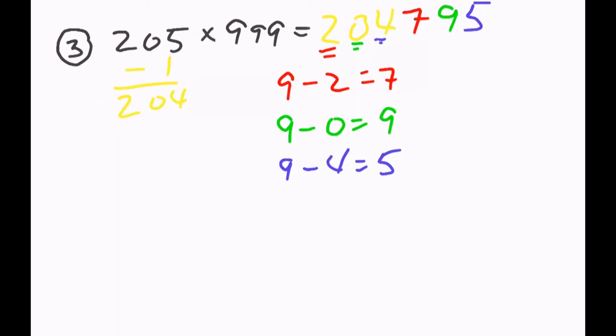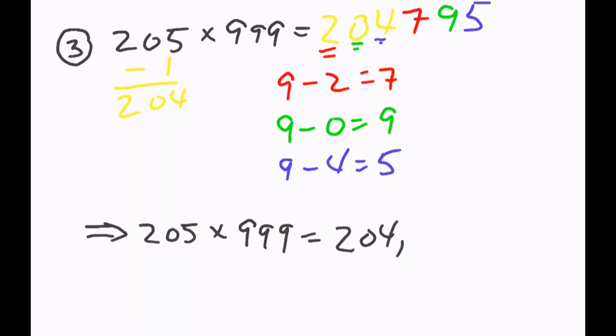And now we can read our answer directly. So we've got 205 times 999 is equal to 204,795. Really, really easy.